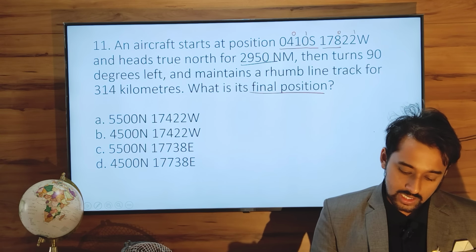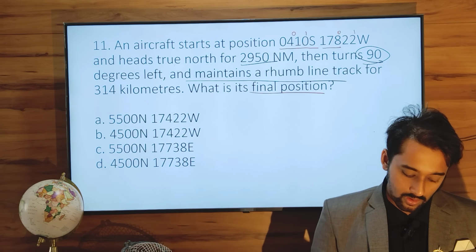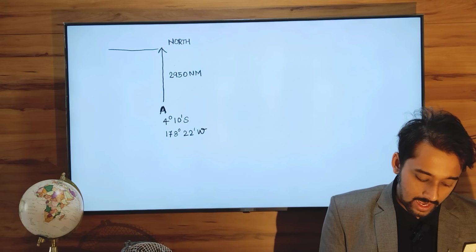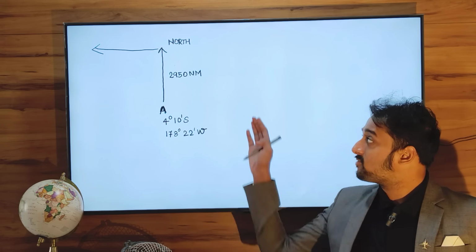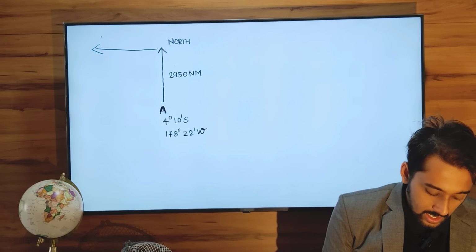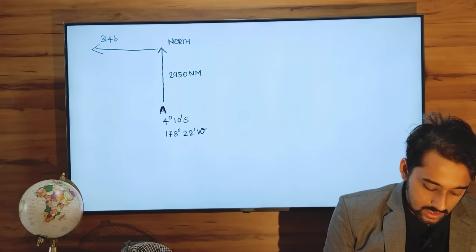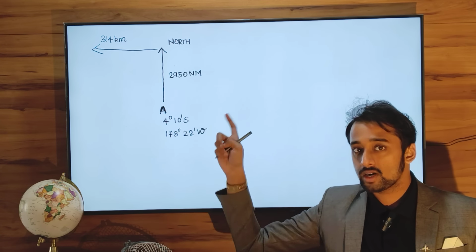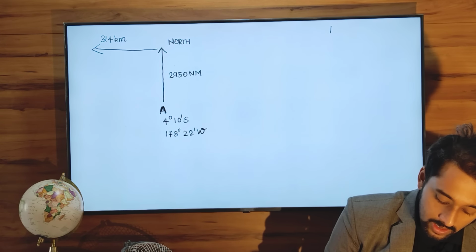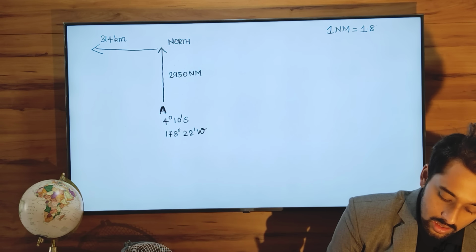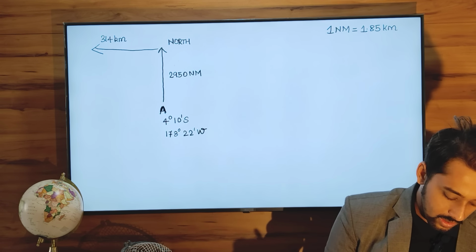From here, it goes left for 314 kilometers. From this point, it takes a left turn and goes that way. For how much distance? 314 kilometers. Now the earlier distance is in nautical miles, and this one is in kilometers, so convert kilometers into miles. We know one nautical mile is 1.85 kilometers.